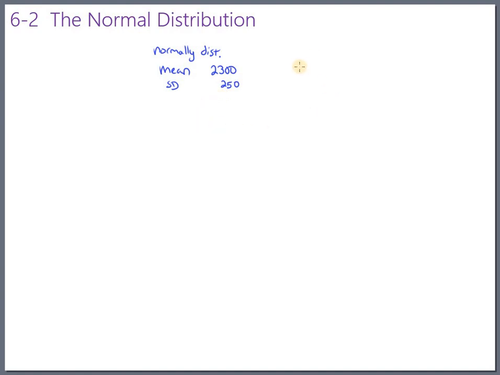And again, just with that much information, I can make a basic sketch of how my calories are distributed. So I have an average of 2,300, some days more, some days less. And pretty much all the days should be anywhere from 500 up to 500 down, right? 2 standard deviations in either direction.